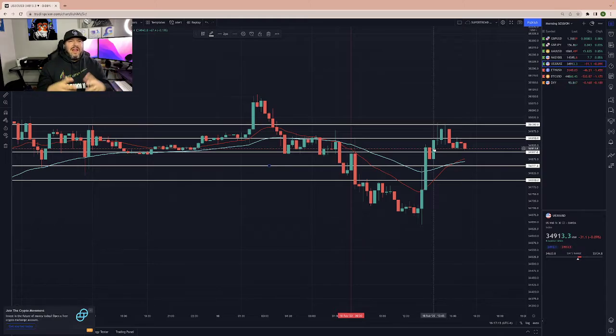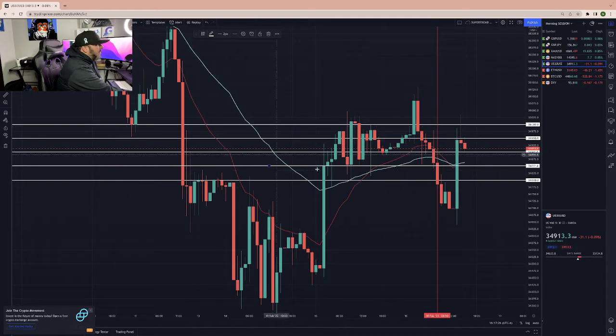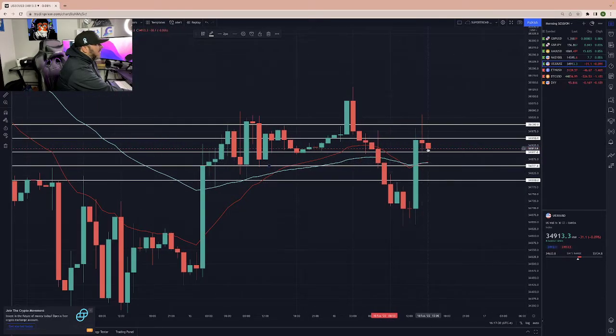So again, even if I looked at her right now, we are 3 consecutive candles above the 50 on the 15-minute, and we are almost 3 consecutive candles above the 50 as well on the hour.